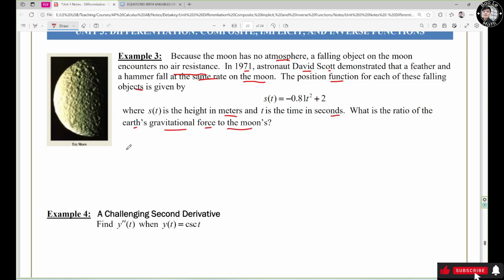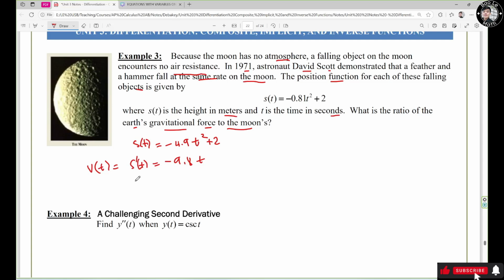Alright, so we know that the position function S of t with respect to the Earth is going to be negative 4.9 t squared plus 2. Now you need to take the derivative of this one. S prime of t equals negative 9.8 t, right? And this is actually the velocity function.